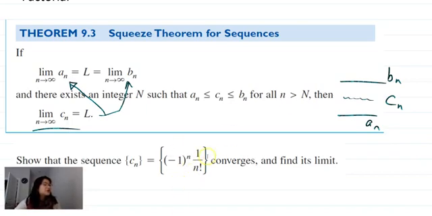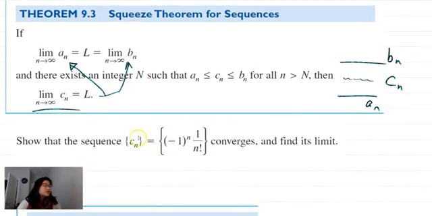So we've got to show that this sequence converges, and we've got to find its limit. So what could we do? Pause the video, think about it. So what are some options that we could use for our a sub n and b sub n sequences which would squeeze this?